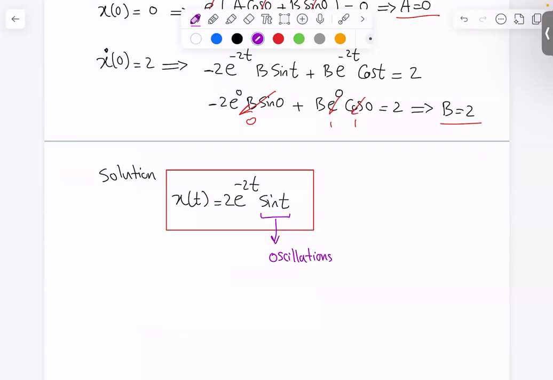This mass will oscillate. And the exponential term tells you that the answer will decay exponentially. And this system where you have decay and oscillations together is called an underdamped system.